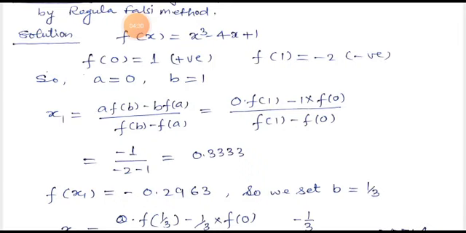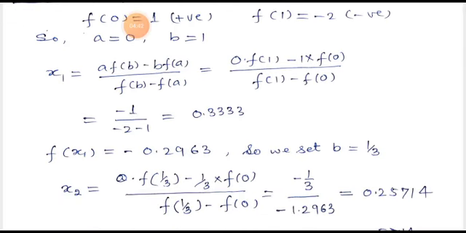Putting the values of f(a) and f(b) in this formula, we get x1 equal to 0.3333. Now putting x1 in the equation, f(x1) is equal to minus 0.2963, which gives a negative value.